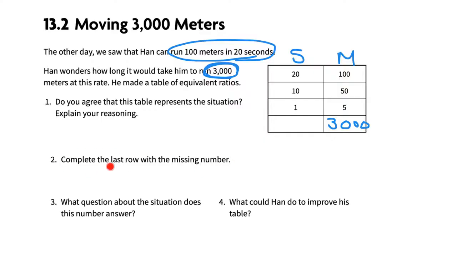So complete the last row with the missing values. You notice I had to switch it because I didn't want that 3,000 where it was. I needed the 3,000 to be on the meters side. And then let's continue.